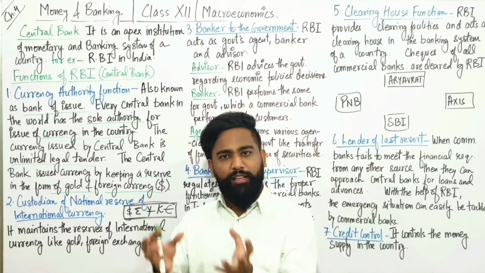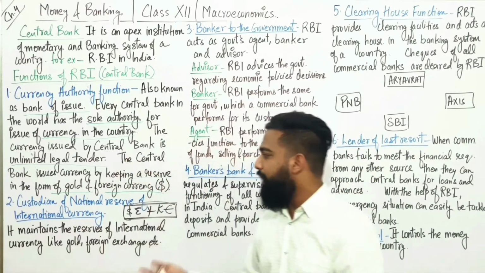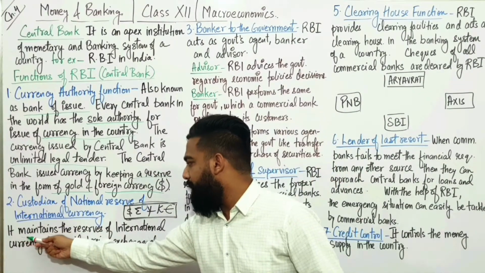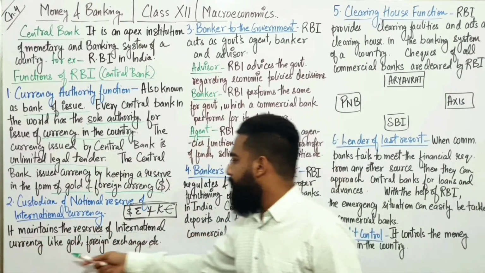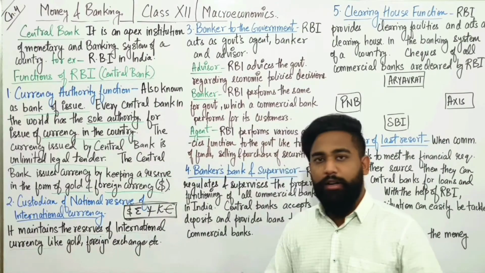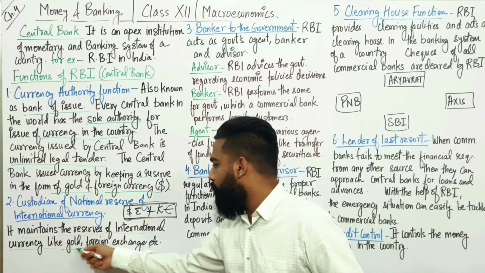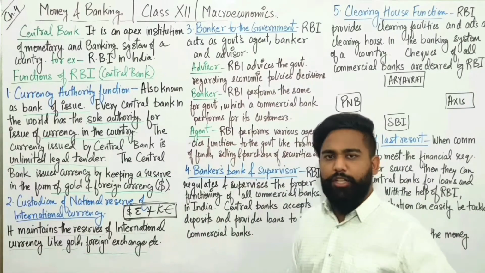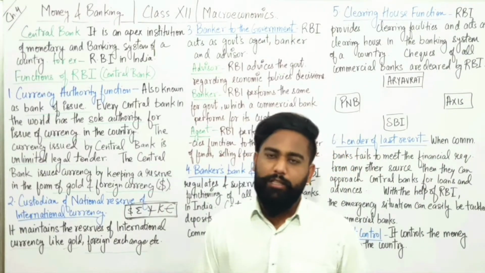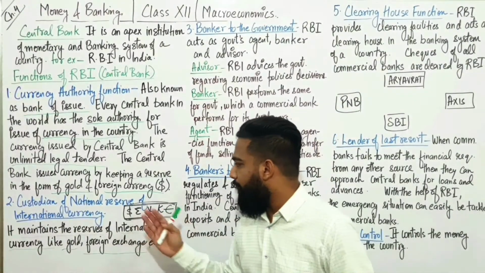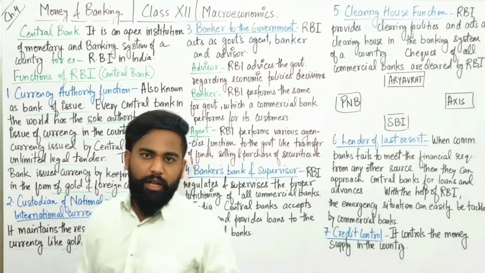So that briefcase is basically the reserve, and it maintains the reserve of international currency. They keep a reserve of foreign currency in the form of gold or foreign exchange. Foreign exchange means foreign currencies. So they collect the foreign currency, the international currency.